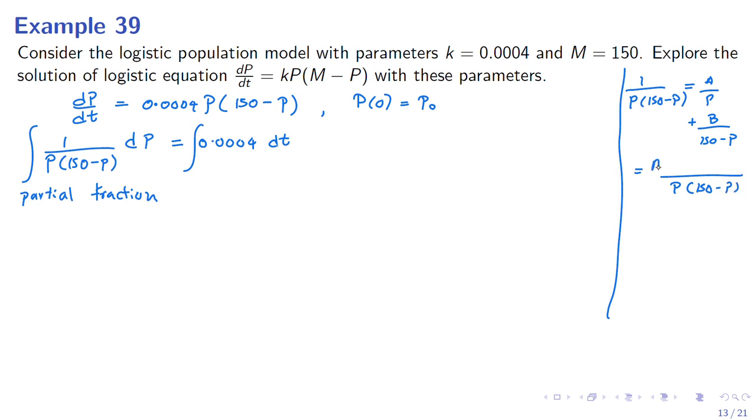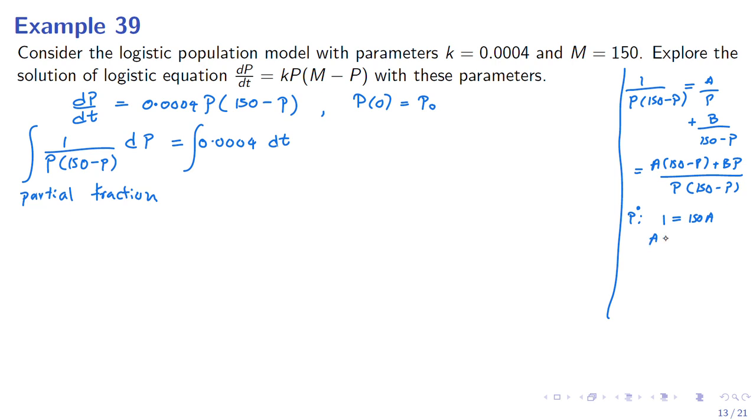Then we will have A times (150 minus P) plus B times P. Now look at the numerator and the coefficients of the constant terms, P to the power 0. On the left hand side we have 1, on the right hand side we have 150 times A.